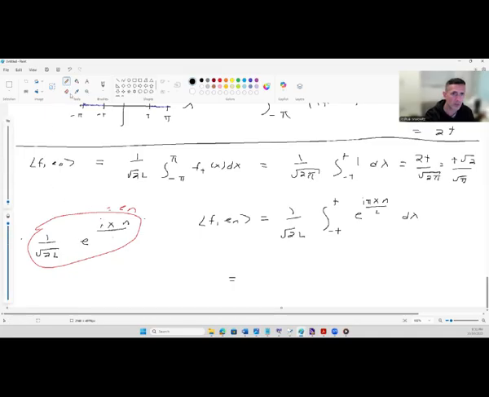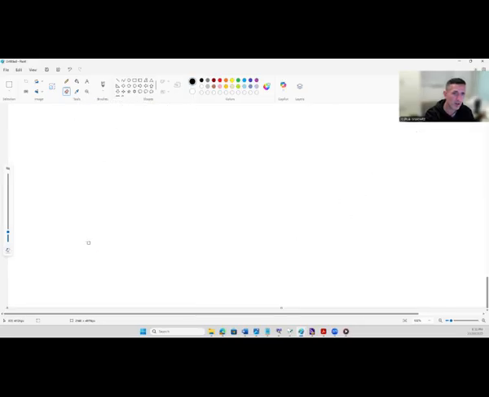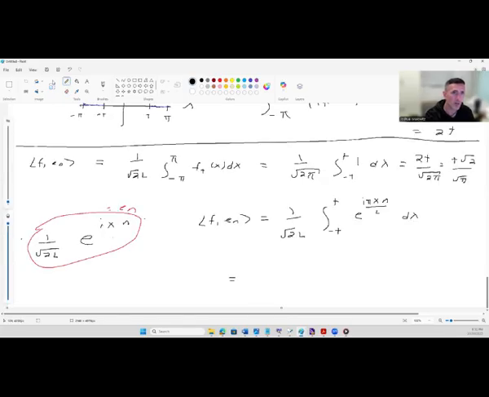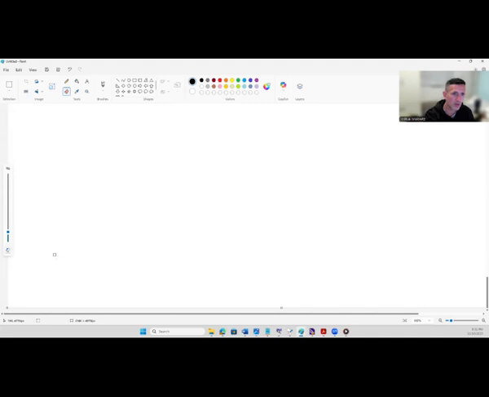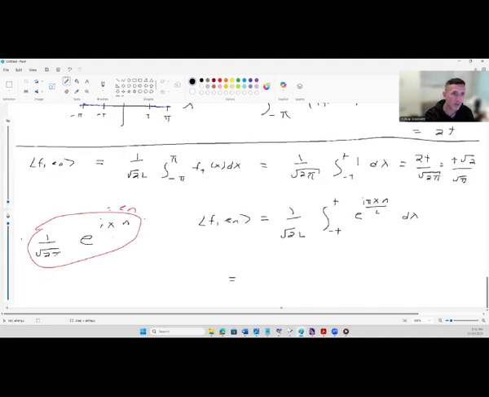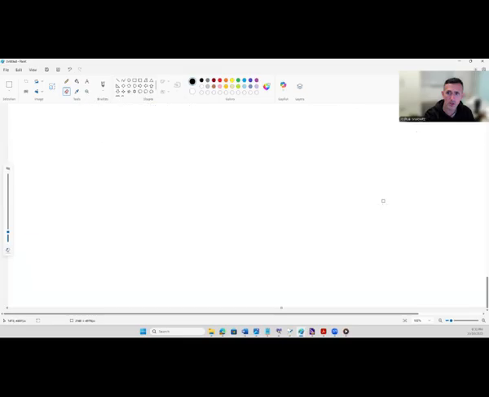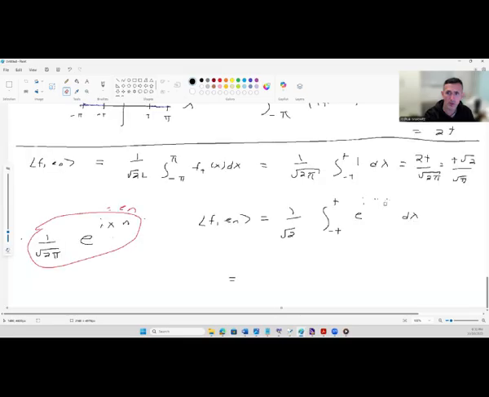I thought it was looking a little weird. Put the exponential here, and then replace that. Maybe it looks a little neater, i n x. Whatever.